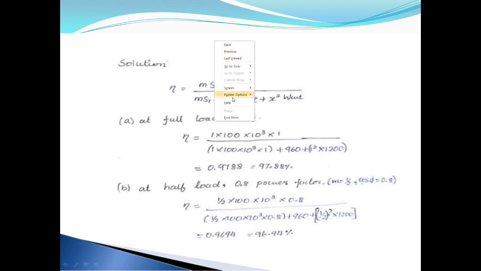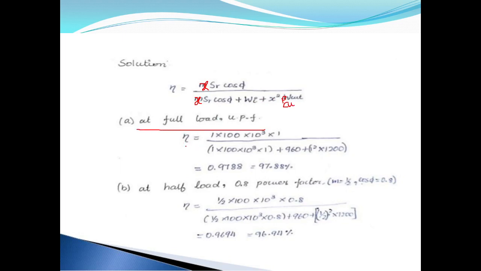We all know the formula for percentage efficiency: x into rating of the machine into power factor, upon x into rating of the machine into power factor plus iron losses plus x square into the copper losses. So I'm writing here at full load condition and unity power factor. Unity power factor means cos phi is equal to 1.